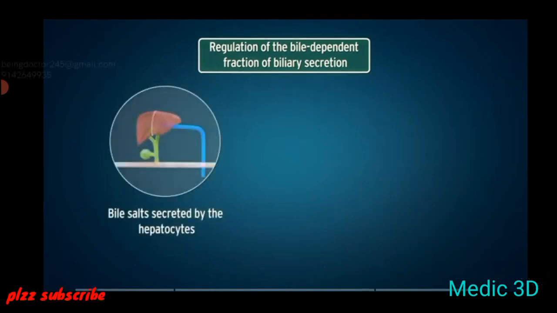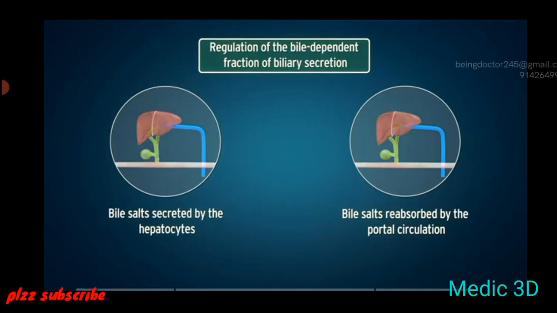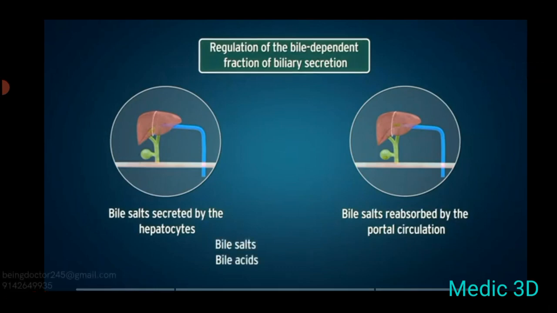The amount of bile salts secreted by the hepatocytes is directly proportional to the amount of bile salts reabsorbed by them from the portal circulation. As the bile salts are recycled in the enterohepatic circulation, they maintain a high level of bile secretion during the digestive period. Bile salts and bile acids are the major agents that enhance the synthesis of bile.